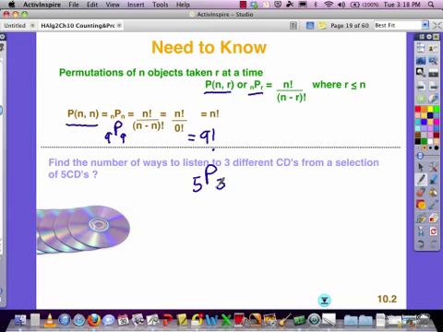So 3 different CDs from a selection of 5. How many ways can I choose 3 from that 5? So n objects, take an r at a time, choose 3. If we follow the setup, then we've got n factorial, which is 5 factorial, over n minus r, and again 5 minus 3 leaves us with 2 factorial.